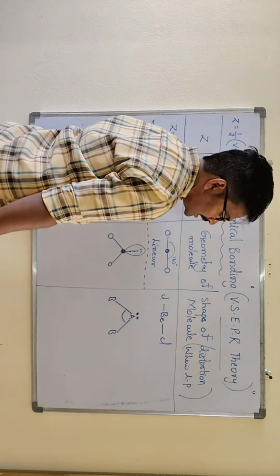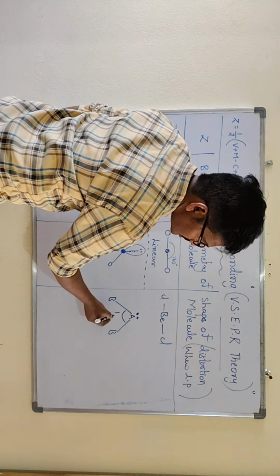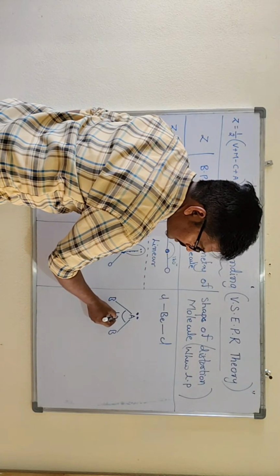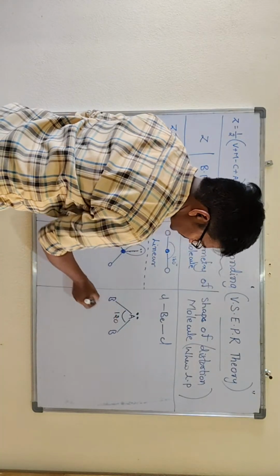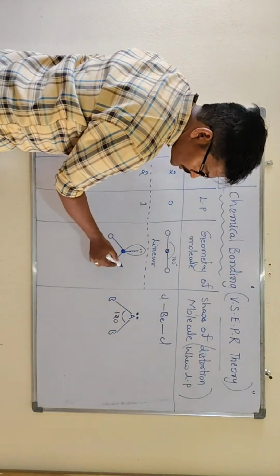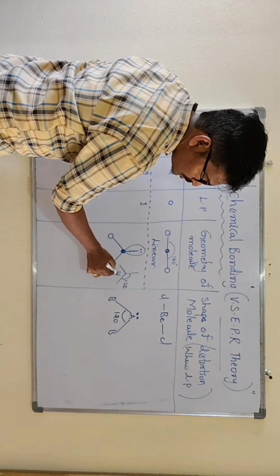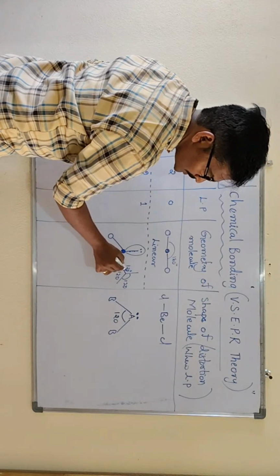So what is the bond angle? The bond angle is 120 degrees. Why, sir, 120 degrees? Because actually it is trigonal planar, so here 120, here 120, here 120 we are expecting.